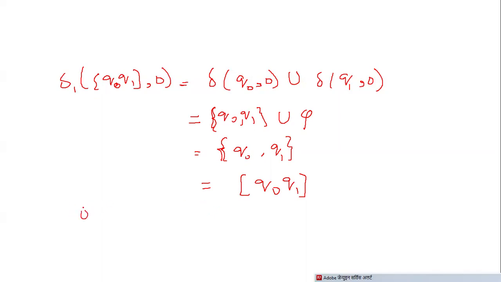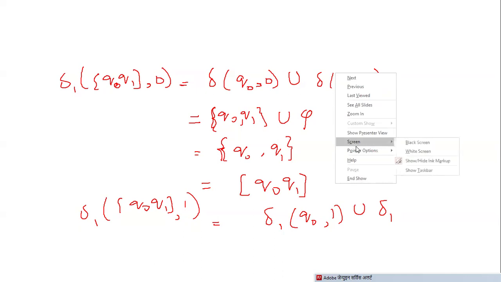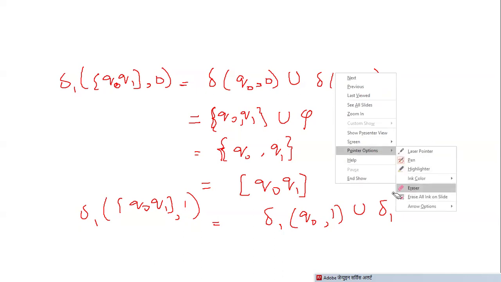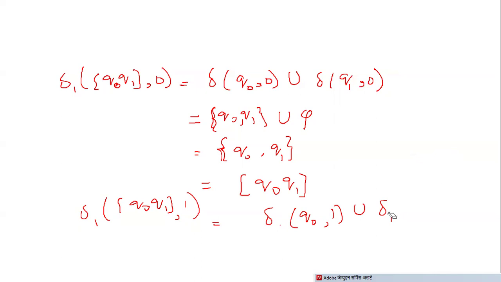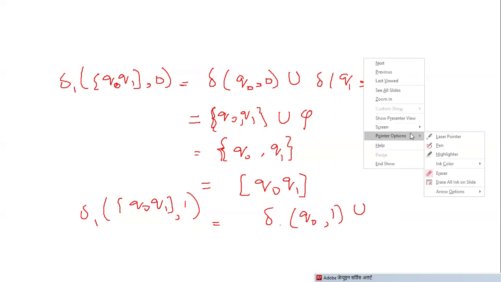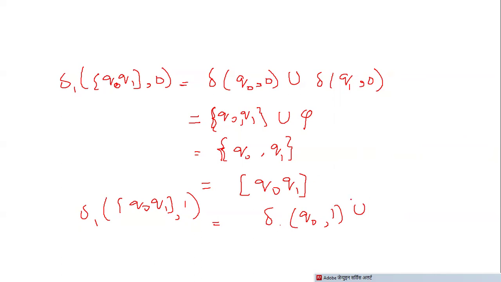And then you can determine del 1 of q naught q1 comma 1, which is equal to del of q naught comma 1 union del of q1 comma 1.